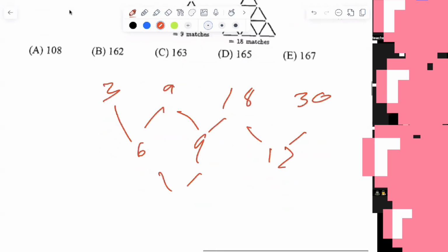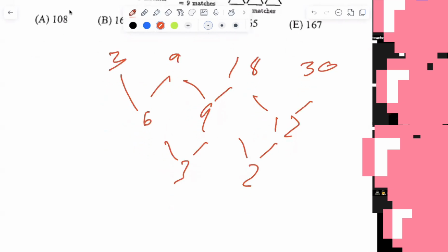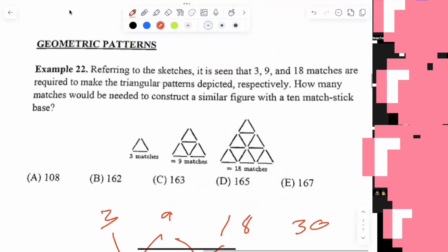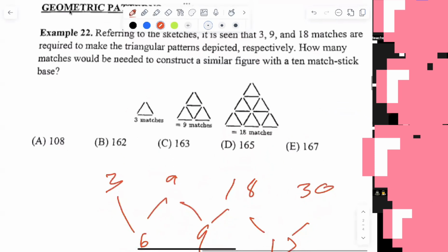Keep on subtracting. And then by Newton's formula, there are 10 matches, which means it's going to be the 50th term. So if it's 10 matches, the 50th term.